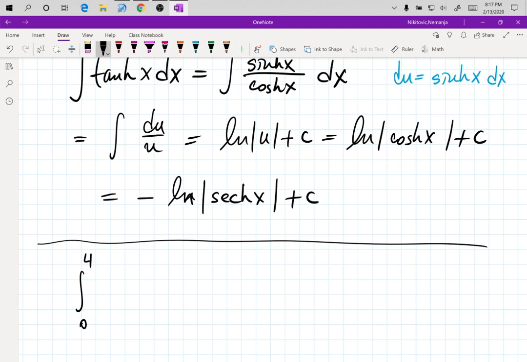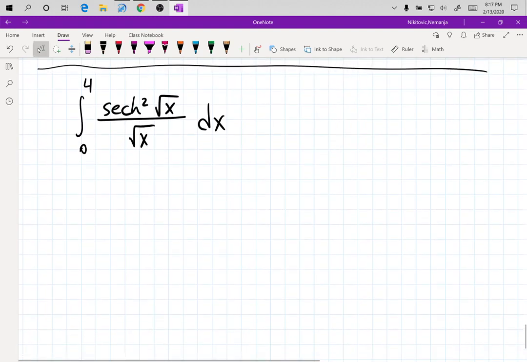Definite integral 0 to 4 fraction secant hyperbolic square of square root of x divided by square root of x dx. What? You actually don't have to write anything out. You should just answer the question.